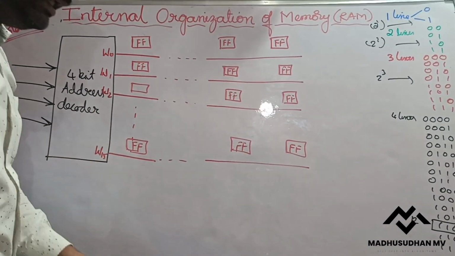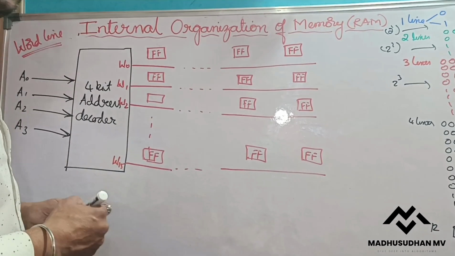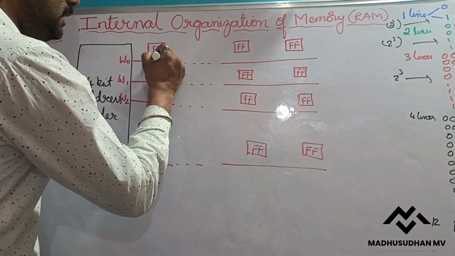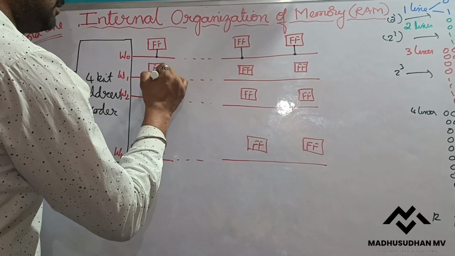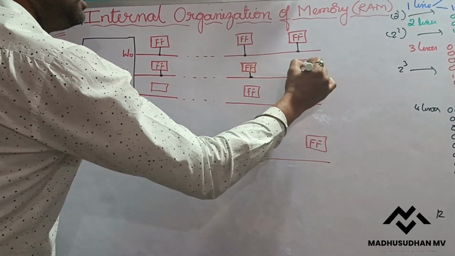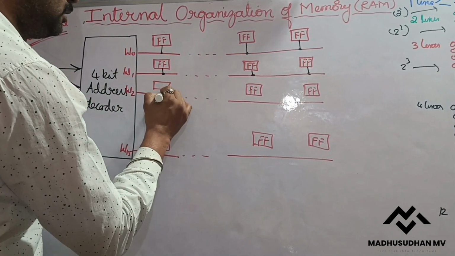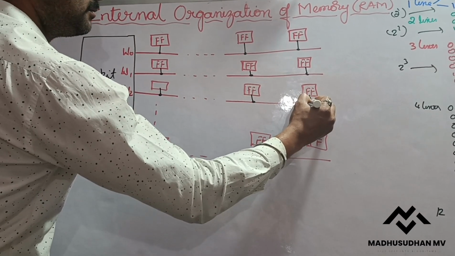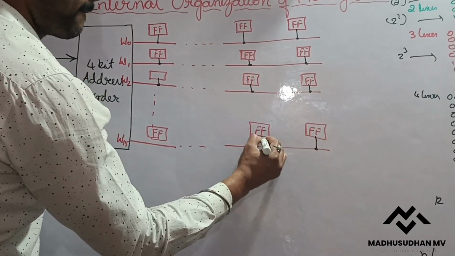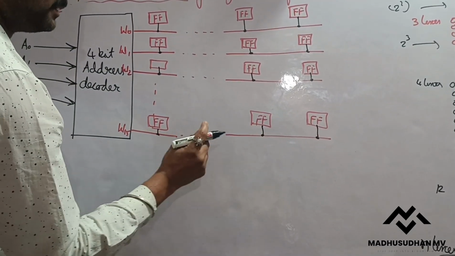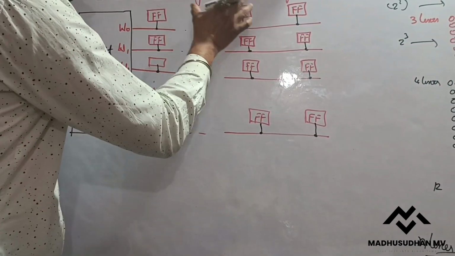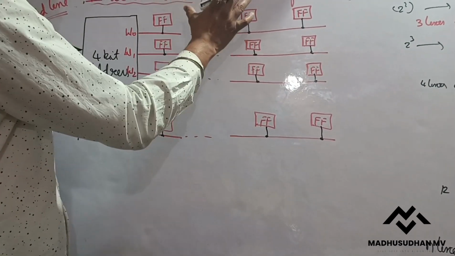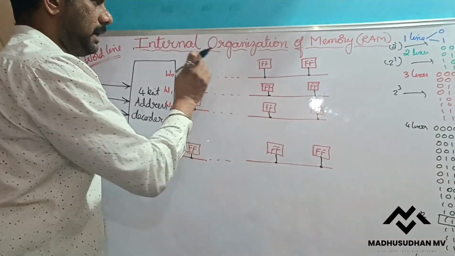These flip-flops are connected to the word line. Each flip-flop is connected to this word line. This horizontal line is one word line, containing 8 flip-flops, that is 1 byte, 8 bits.